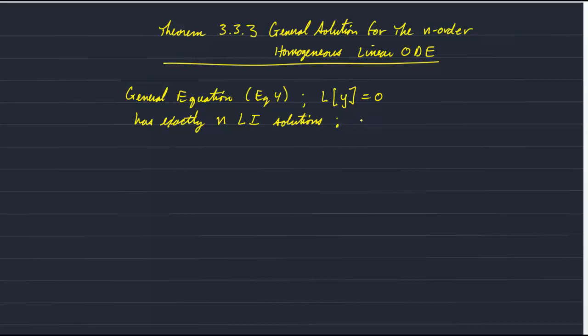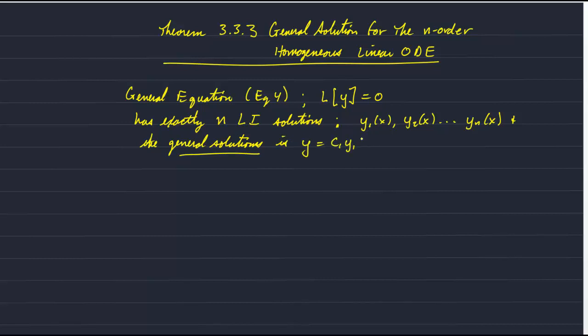And those solutions are y1 of x, y2 of x, all the way up to yn of x. They're linearly independent, so no two can be described as a linear combination of each other. And the general solution, which again encompasses every single possible solution, is y equal to c1 y1 of x plus c2 y2 of x.